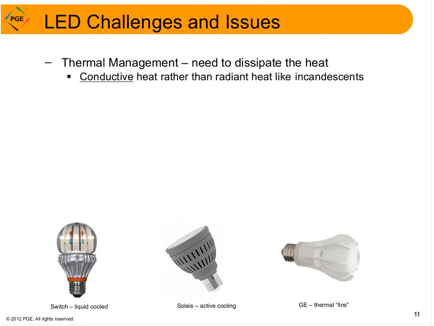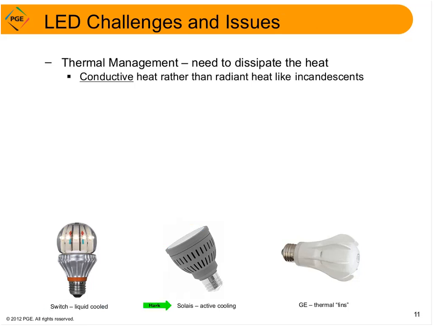As a new light source, LEDs have several challenges and issues, and we'll go over some of those this afternoon. All LEDs produce heat that needs to be conducted away from the source in order to operate efficiently and last longer. So each of these bulbs uses different methods. This one by Switch is rather unique, and it uses liquid cooling to get rid of the heat.